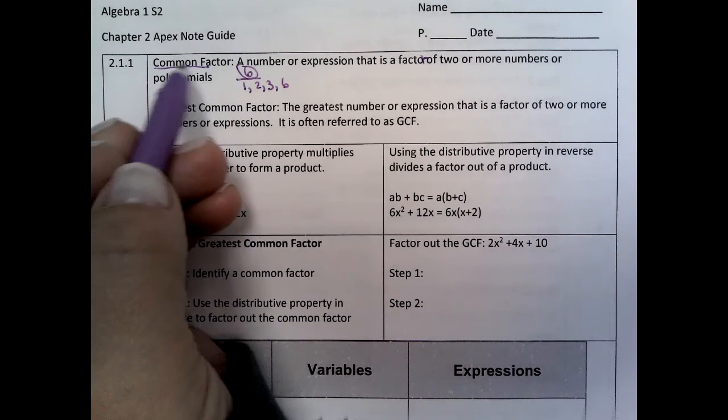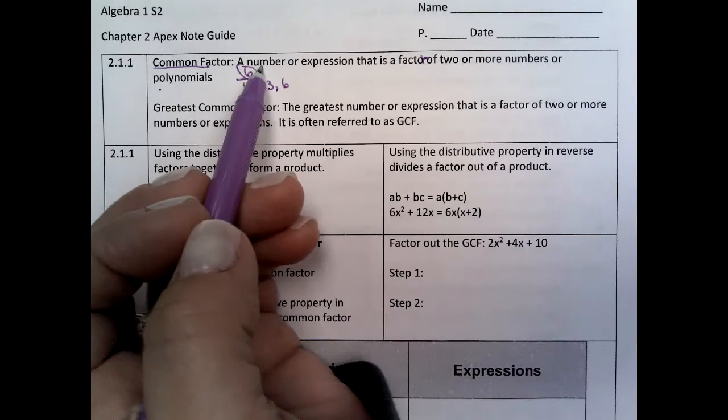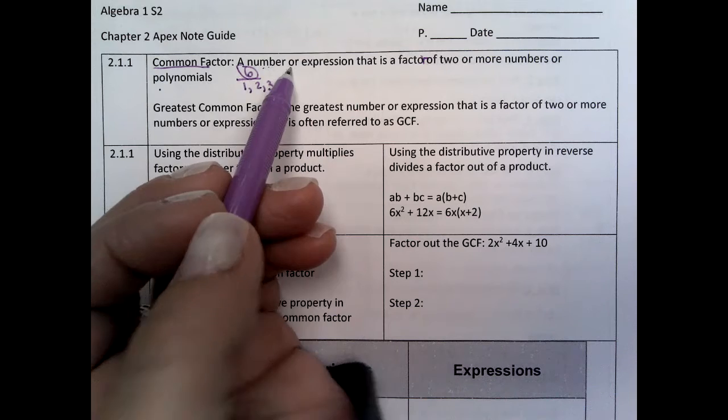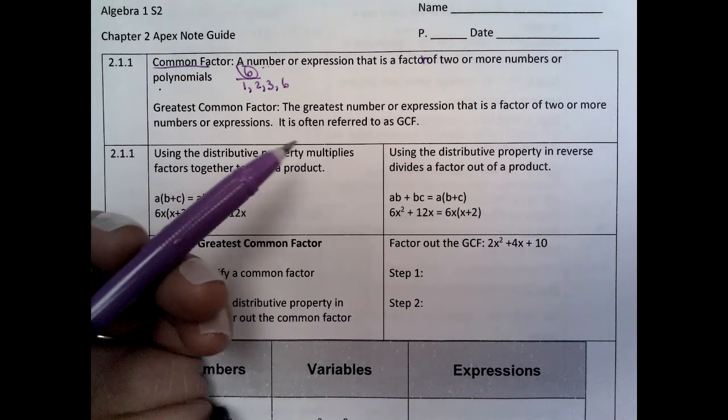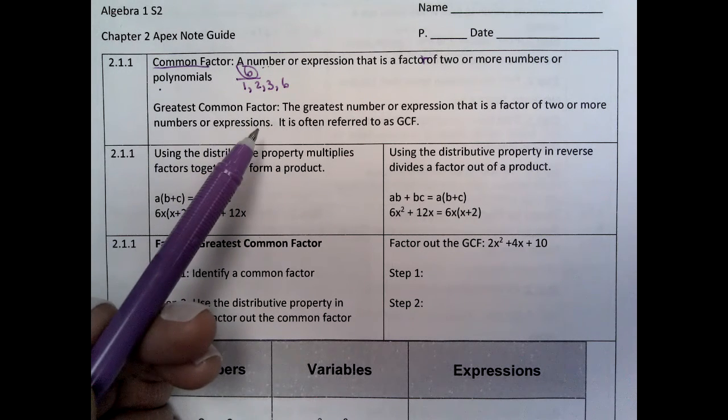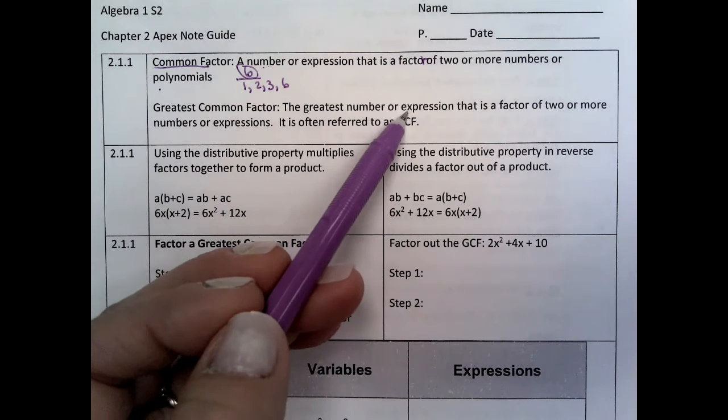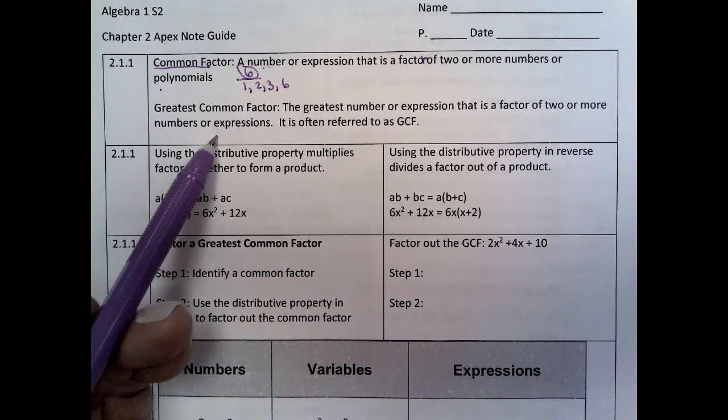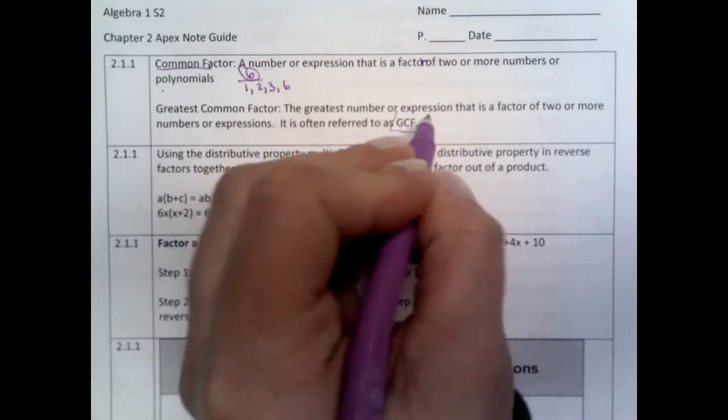Okay, so when you have a common factor, we're actually going to find factors of these trinomials. The greatest common factor is the greatest number or expression that is a factor of two or more numbers. It's often referred to as the GCF.